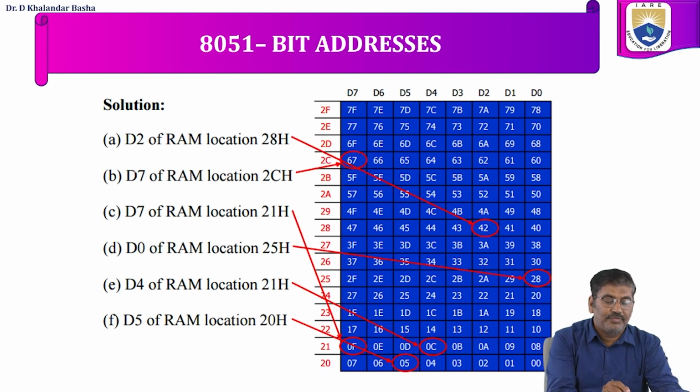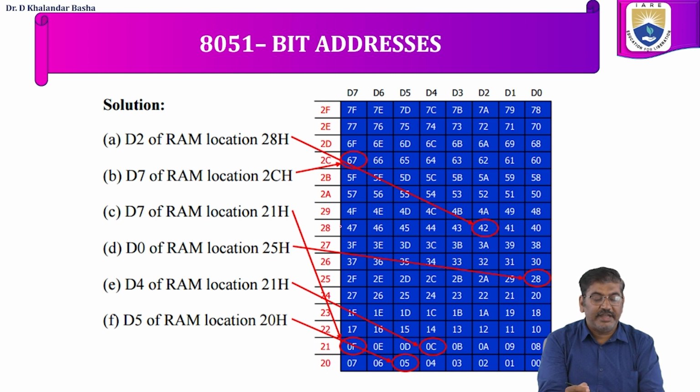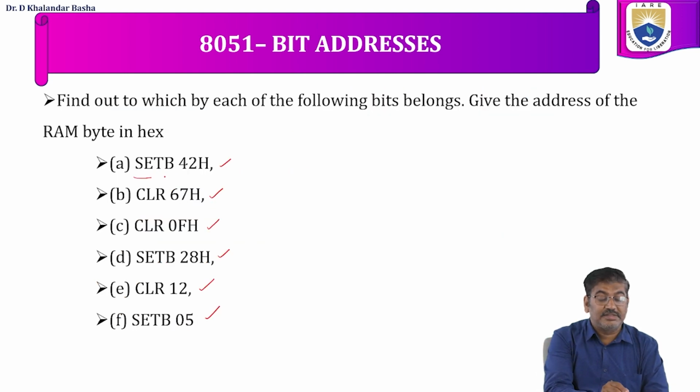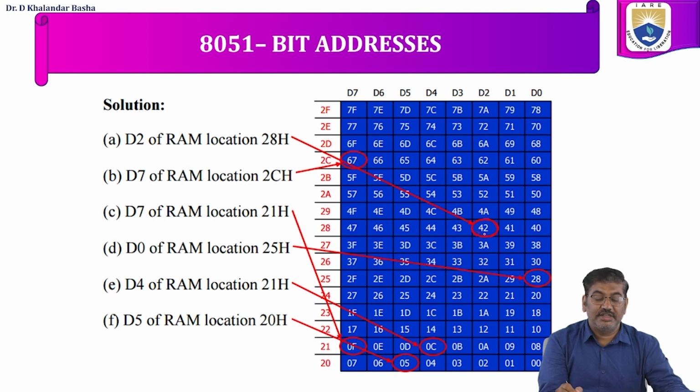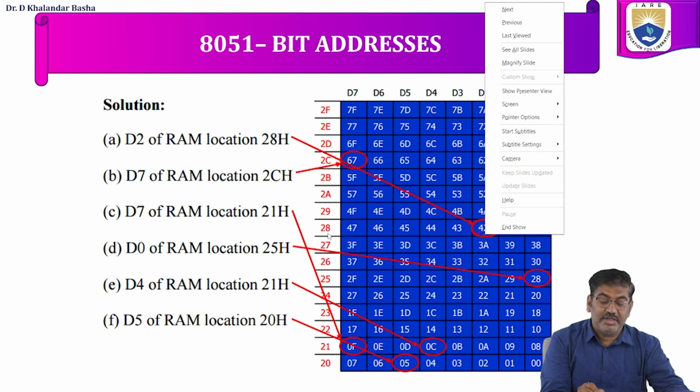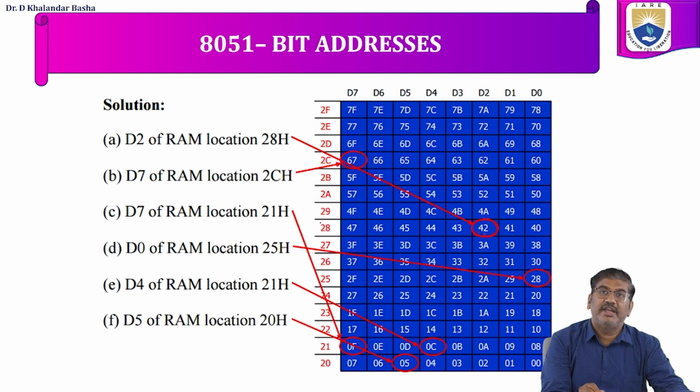For the first one, setb 42H, the 42H bit is in the 28H memory location.